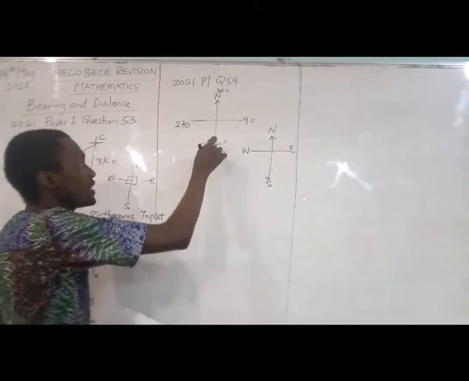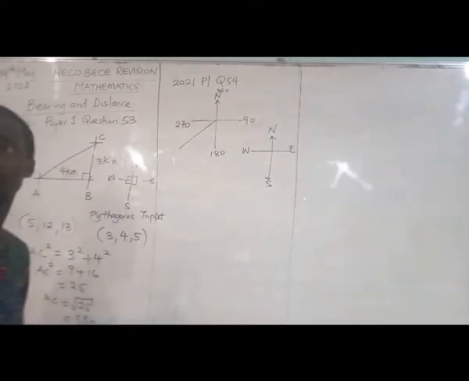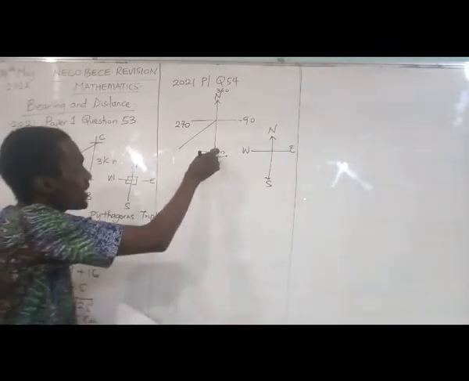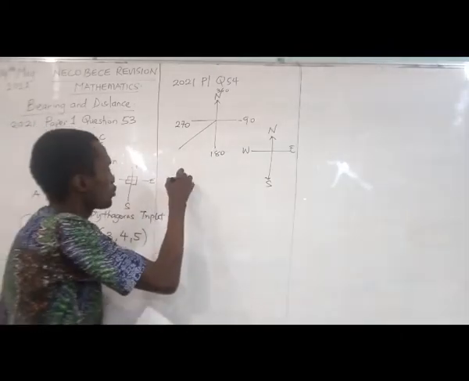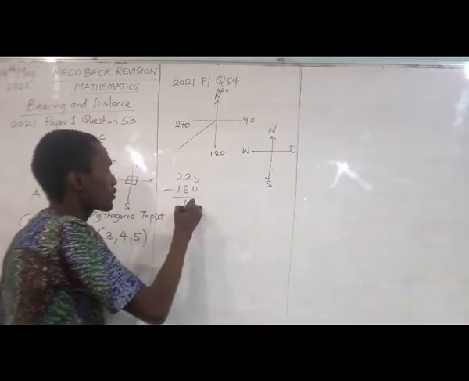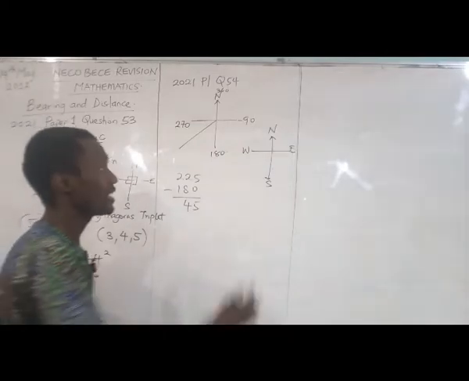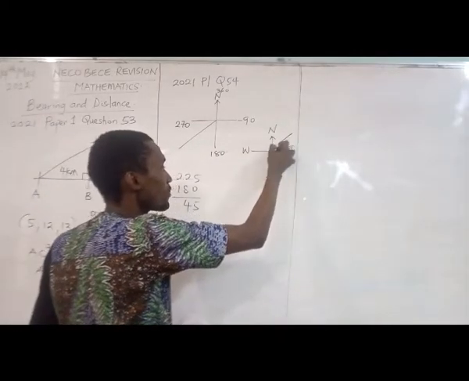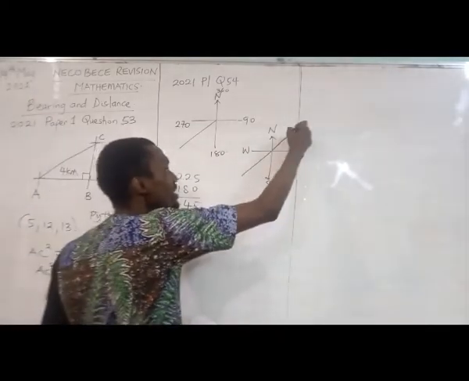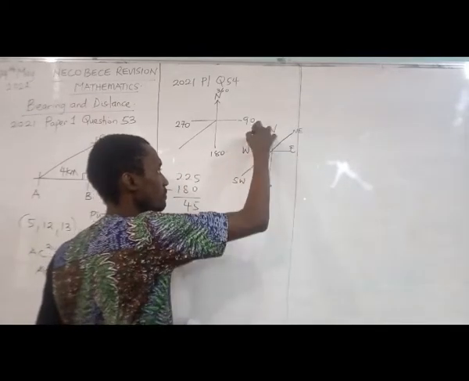But what you need to understand now is this. 225 will lie between this and this. So 225 must be somewhere around here. So what must I add to 180 to get to 225? I can do subtraction. And if I do that correctly, I'm going to have 45 degrees. Now remember, if you remember your compass bearing very well, this position is northeast. This position is southwest.